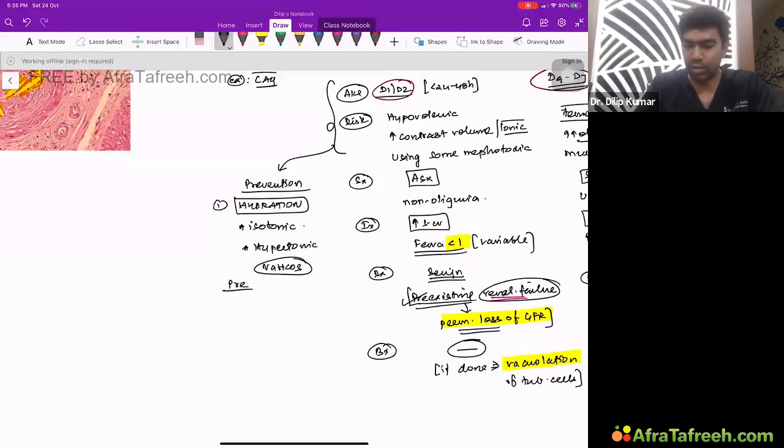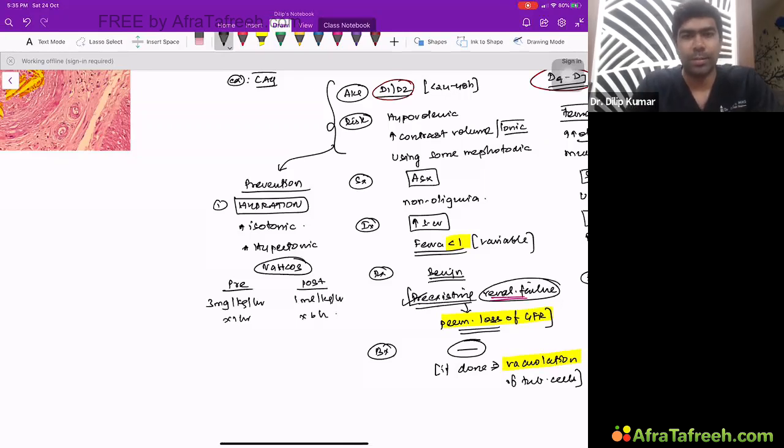Before the procedure, just 1 hour before, you give a soda bicarbonate infusion of 3 mg per kg per hour for 1 hour. Post-procedure, you continue with approximately 1 ml per kg per hour for at least 6 hours. Initially this became so popular that many institutes followed it before and after the procedure.